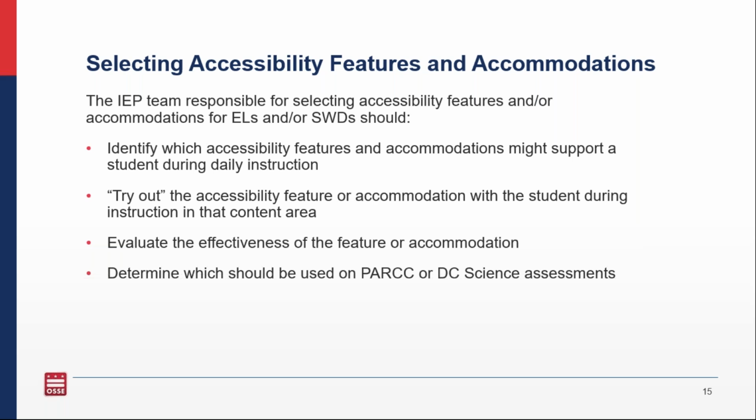Try it out during daily instruction and classroom assessments, and if it does not benefit the student's needs, reevaluate and identify those accommodations that will work best on the statewide assessment. And finally, determine which should be used on PARCC or DC Science based on what the student is currently using in the classroom.